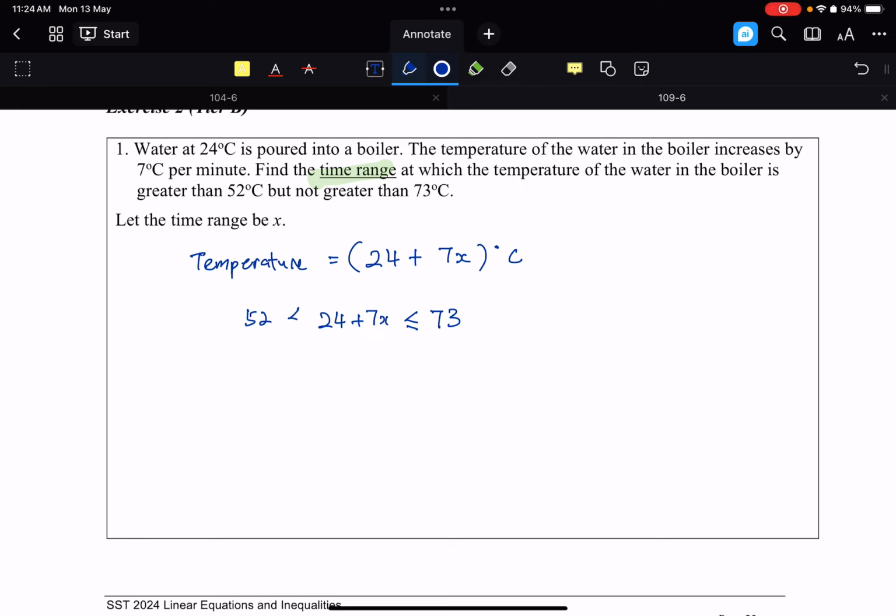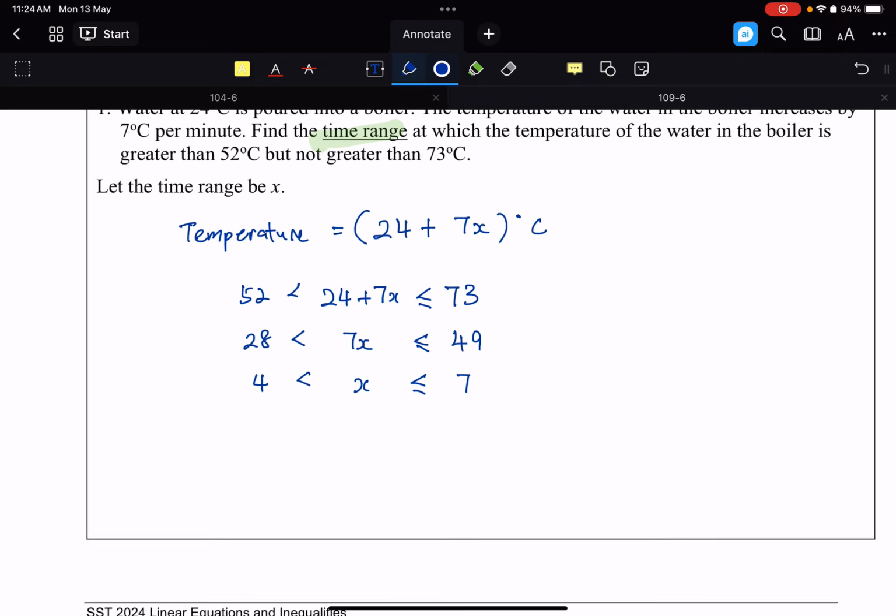So from here we work it out. 7x is going to be in between 28 and 49. Just subtract 24 throughout. So x is in between 4 and 7. Okay. So now we got to write the statement quite differently.